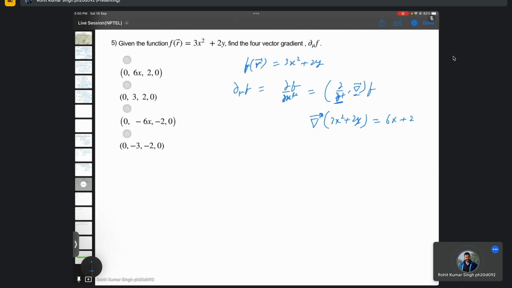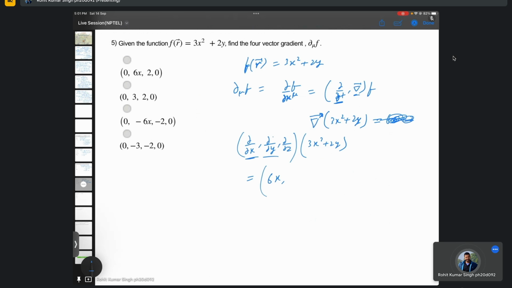Sorry, we have to do it component wise. So it means we have del x, del y, and del z, and here we have 3x square plus 2y. So first applying del x, it will be 6x.